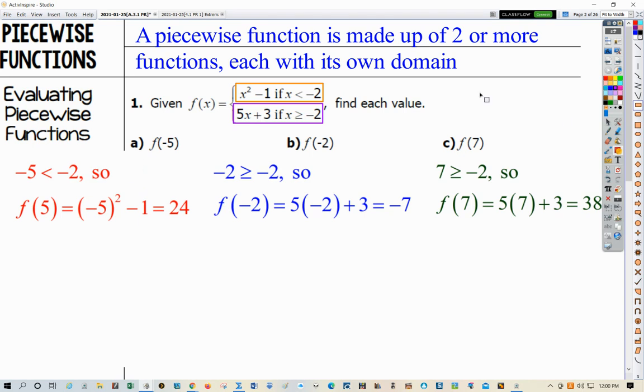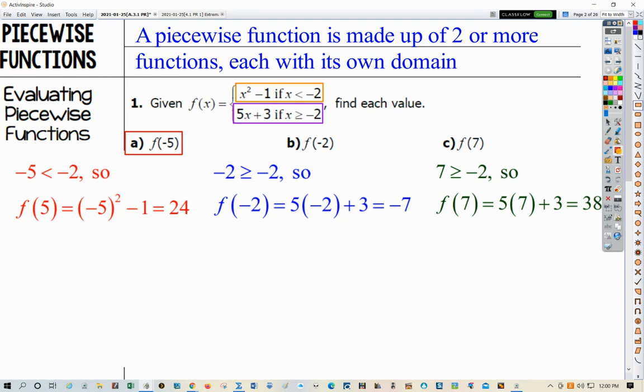This is going to be our red example. We'll kind of color code this whole thing here, right? So f of -5, which piece, the top or the bottom piece of the function, are we going to use for part A? Kinley, what do you think?